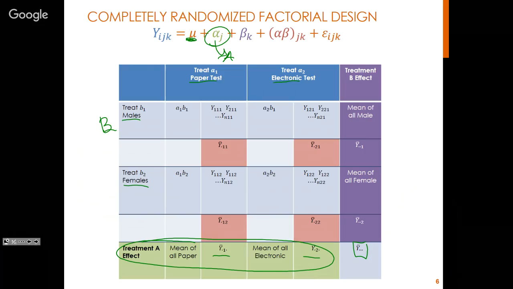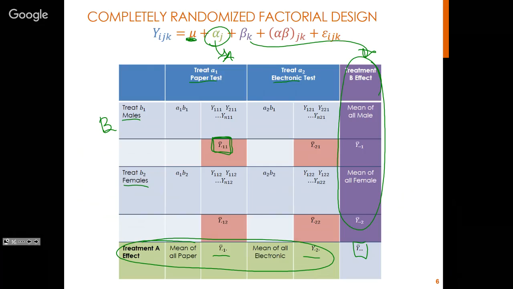What is the treatment B effect? Y bar dot dot 1 and y bar dot dot 2. Good. When we compare group means collapsed over the other factor. So here, these are our beta effects. And where do we see the interaction? On the inside, yes. So what does this mean represent?